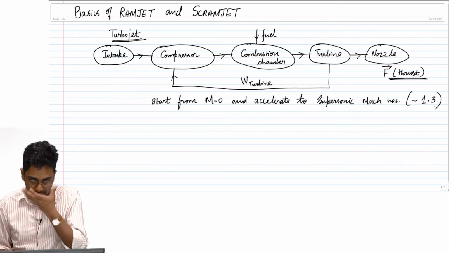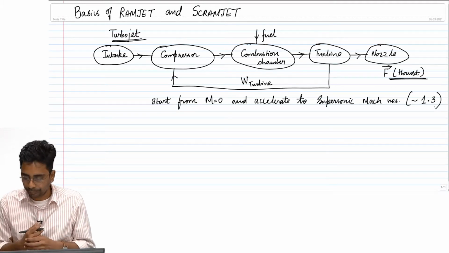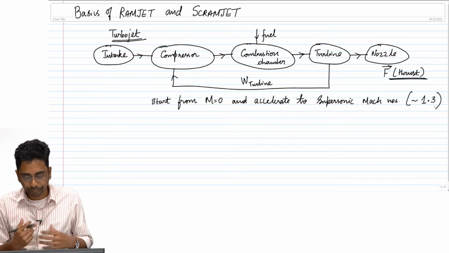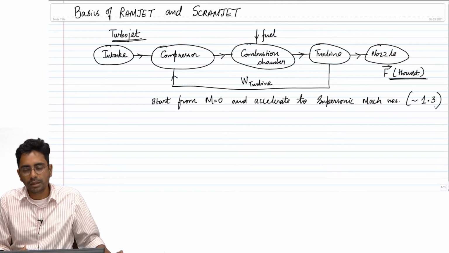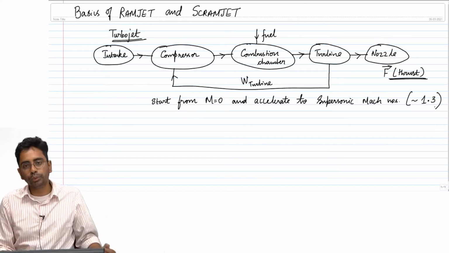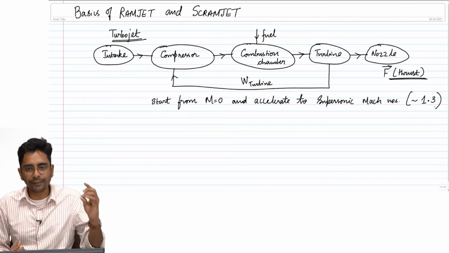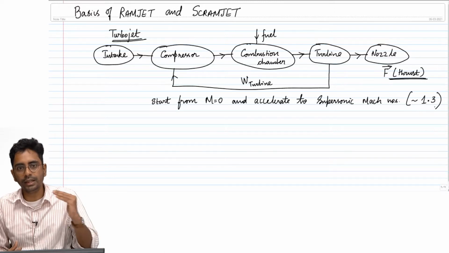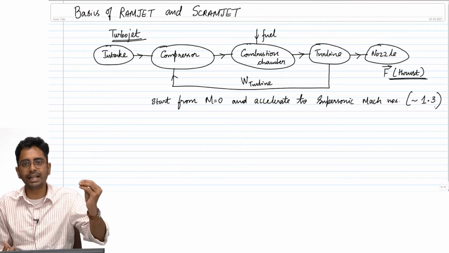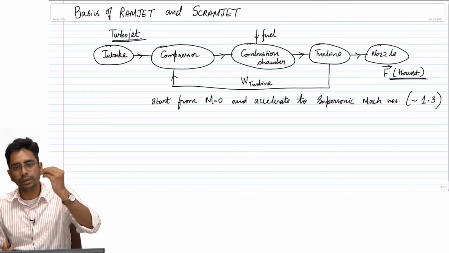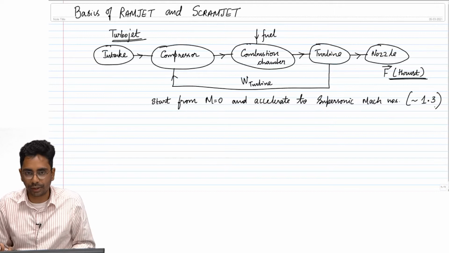Now imagine the following scenario. Let's say you have accelerated up to Mach 1.3, Mach 1.5, maybe even Mach 2, and now you reach a point where there is enough kinetic energy in the stream entering the engine that by simply decelerating it from Mach 2 to Mach 0.4 or 0.3, enough pressure can be generated.